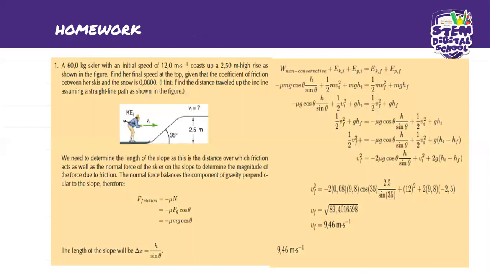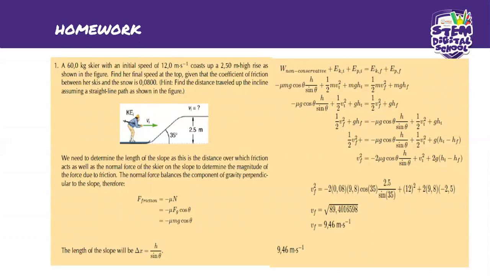I hope that everybody's following. So here is an example that we can use. A 60 kilogram skier. I'm going to give this to you guys as homework, and I hope you will all be able to do it. It says a 60 kilogram skier with an initial speed of 12 kilometers per second coasts up a 2.5 meter high rise as shown in the figure.